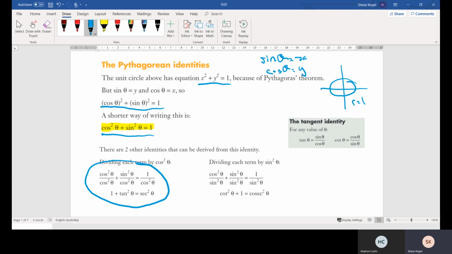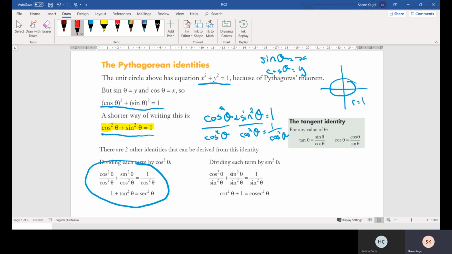I am taking my original, which is cos squared theta plus sine squared theta equals 1, and I'm dividing both by cos squared theta, divided by cos squared theta equals 1 over cos squared theta.